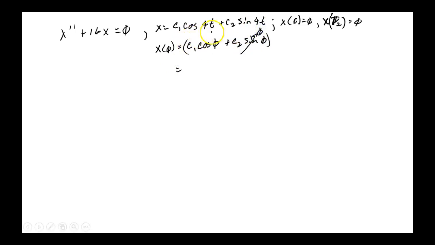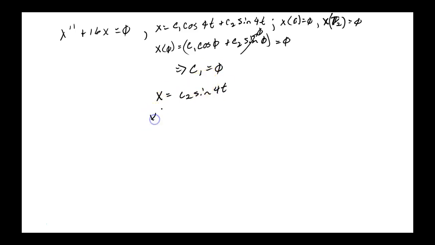And by the way, x of 0 is equal to 0. So that tells you, and cosine of 0 is 1, so this implies that C1 has to be 0. Okay? Now with that the case, we have x is equal to C2 sine of 4t. Okay?